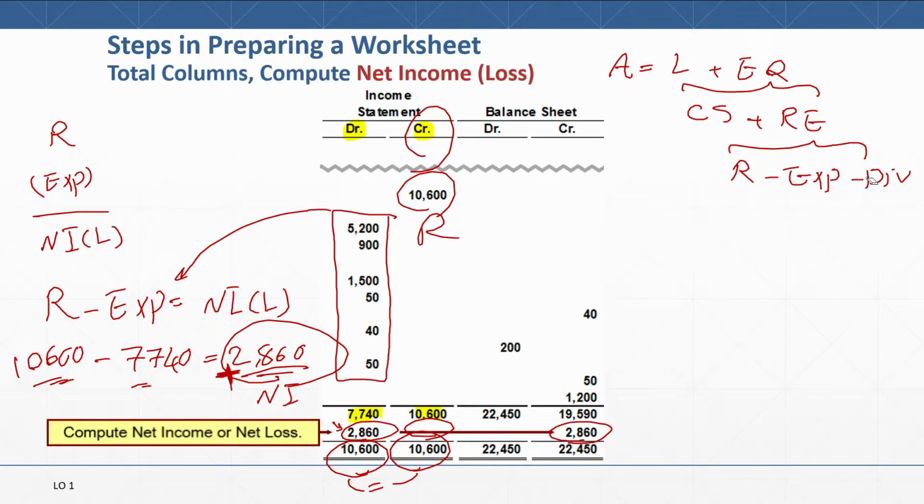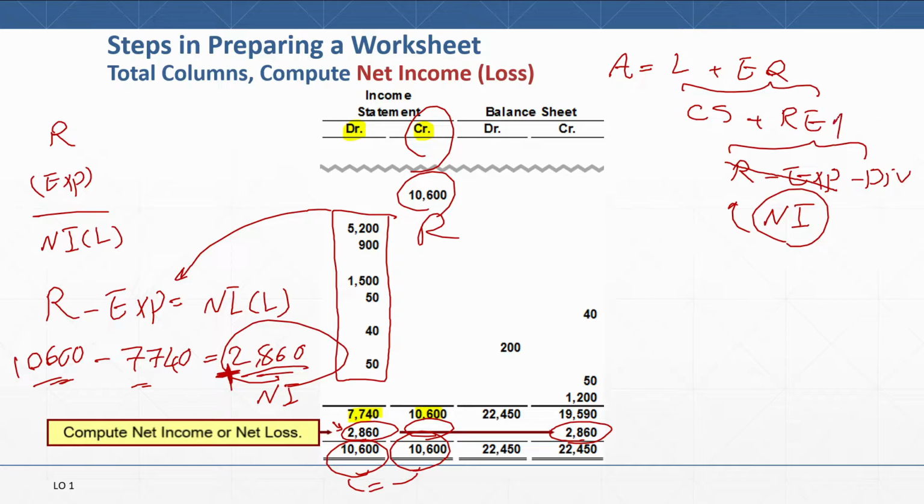I'm going to rewrite this line, and in this case, since we have net income, call it net income.